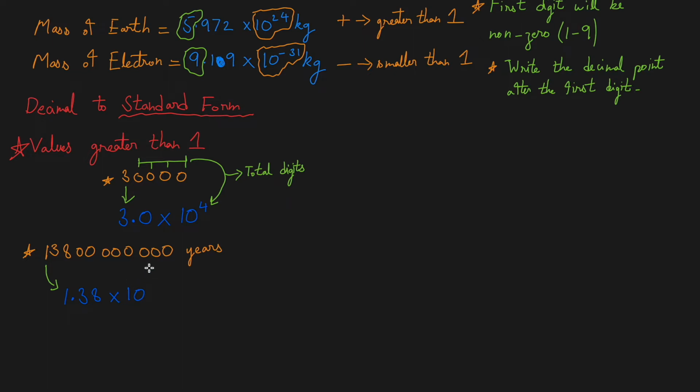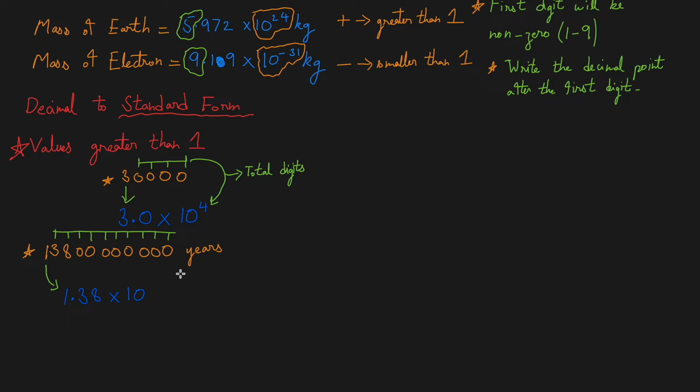Now how do we write the power of ten here? Because above here we only had 0, we had to count the zeros. I also told you this at that time, that we are trying to count the digits here. It doesn't matter whether zeros or non-zeros. After we have written the very first digit here, we will count the total number of digits present here. So let's just count it out. 1 2 3 4 5 6 7 8 9 10.